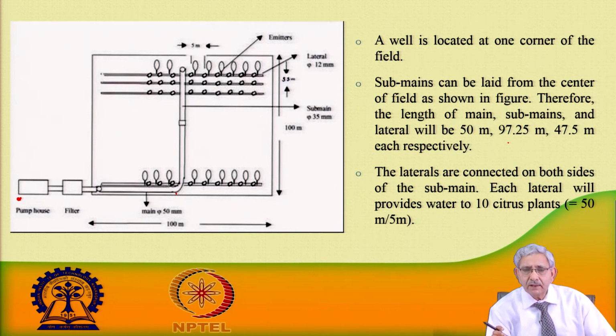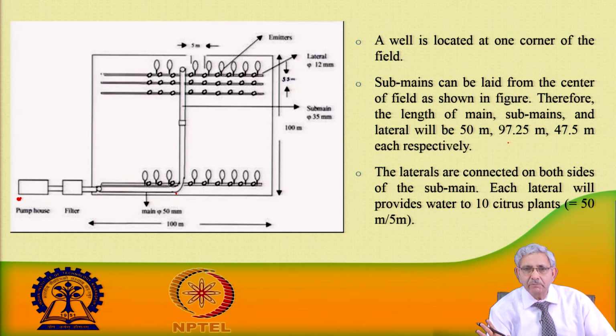So, when the water is being delivered, there will be more head loss, and it may happen that the emission uniformity may be reduced, means water coming out of the dripper may not get adequate pressure at the end. So, it is better to have a shorter length of the pipeline.